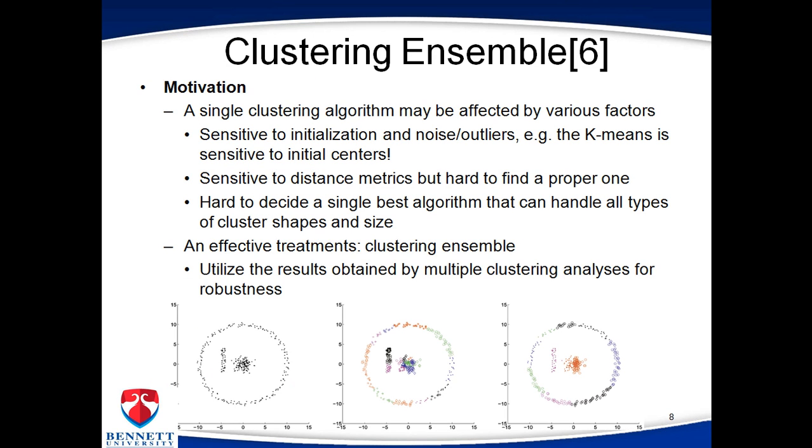So if we talk about clustering, the main motivation is that a single clustering algorithm may be affected by various factors, like noise and outliers. K-means is very sensitive to this, and to the distance matrices used to find the proper one, so it is hard to decide on a single best algorithm.